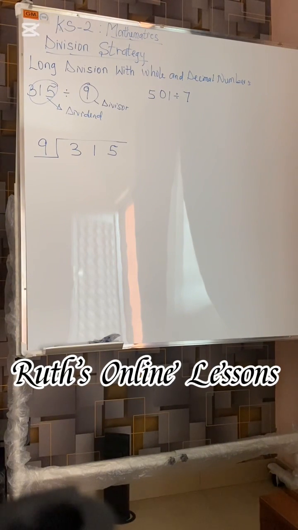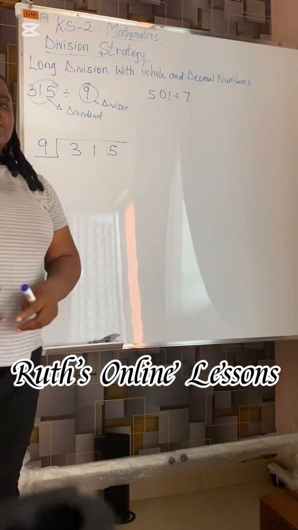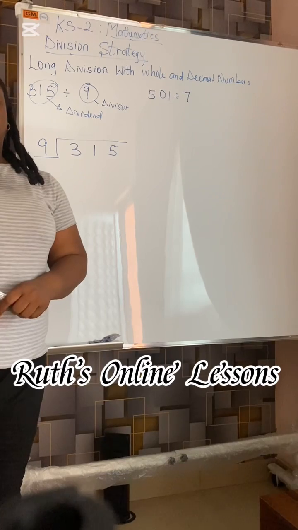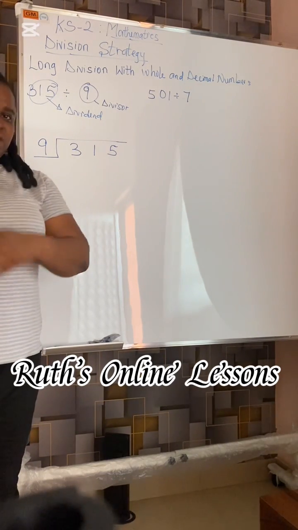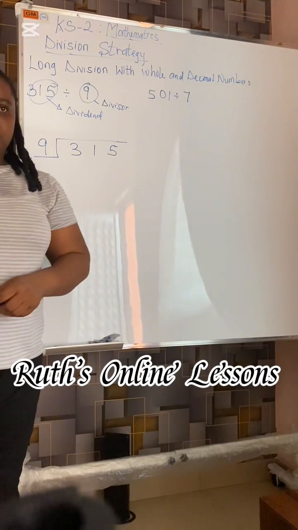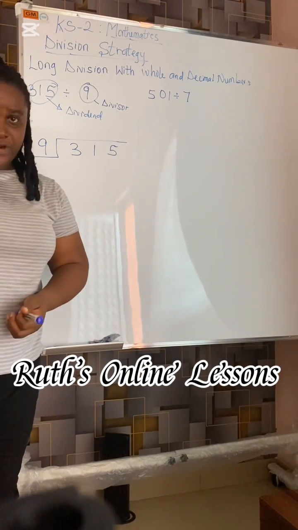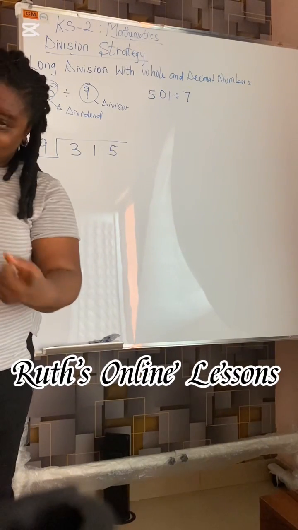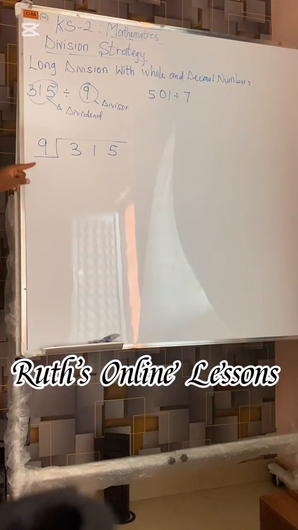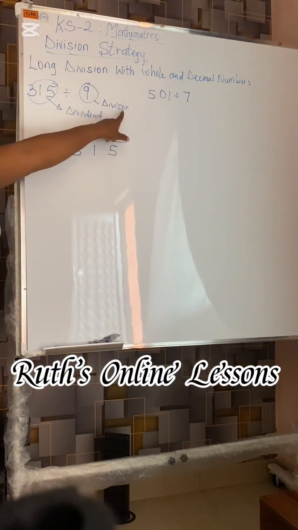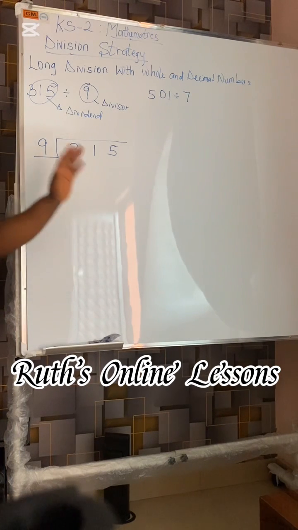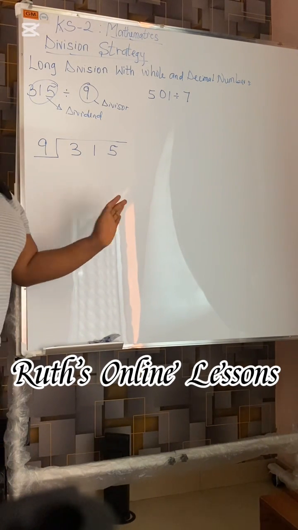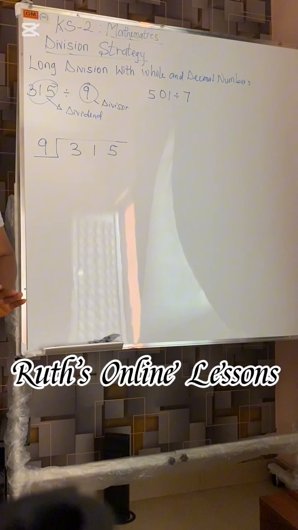Because over the years, I've taught different Key Stage 2 learners, and I understand their challenges. I understand what they struggle with. Is it because they are not intelligent? No. But sometimes these things can be very confusing. But don't worry, that's why I am here. So, know where to place your divisor. Your divisor is out. Your dividend is in. Divisor out, dividend in.